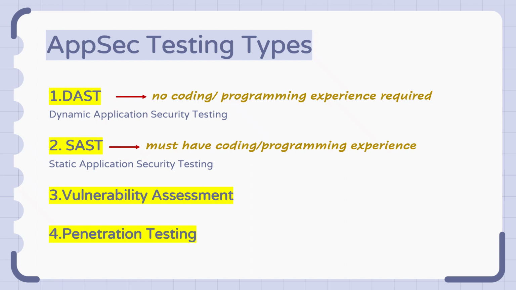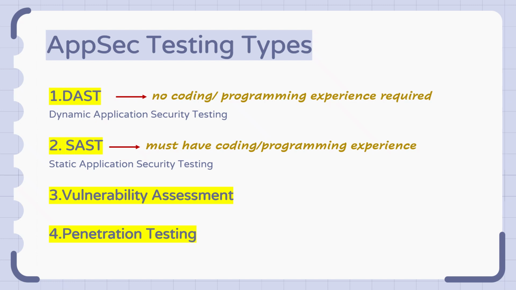Moving on to vulnerability assessment. This is a common term which can be used to refer to both SAST and DAST, meaning this is an assessment done to find vulnerabilities and not really a specific type of application security testing. And finally, we have penetration testing.